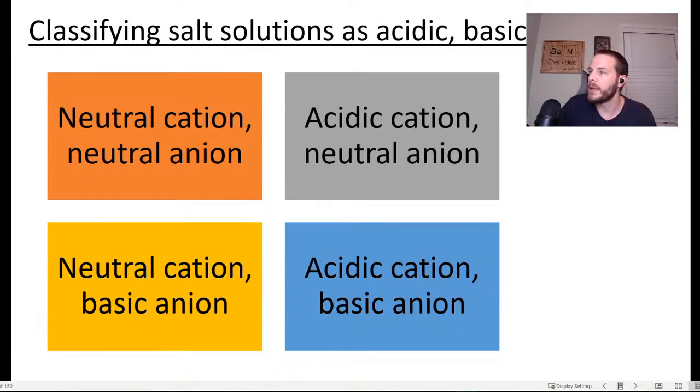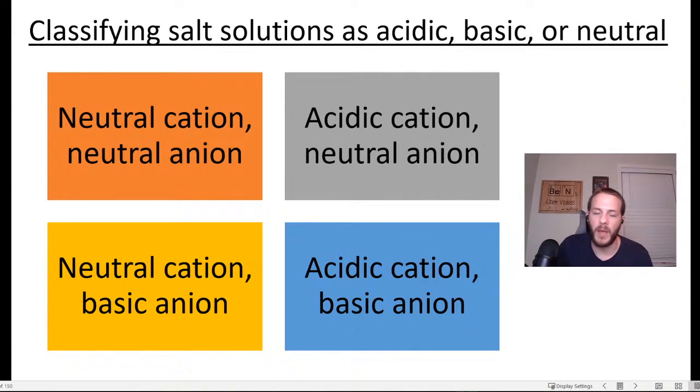So really, if you have a salt solution, any ionic compound, and you dissolve it in water, and you want to know whether that solution is going to be acidic, basic, or neutral, there's really only 4 possibilities.